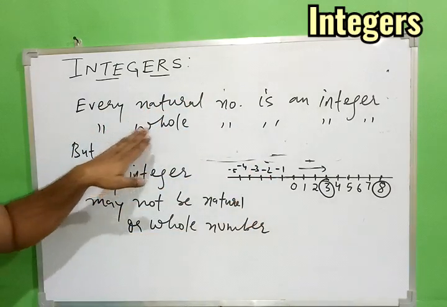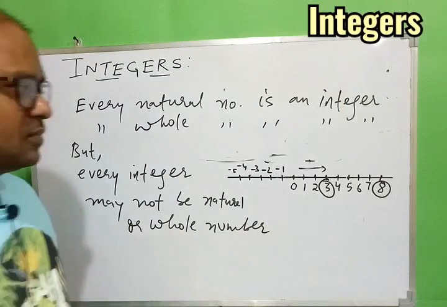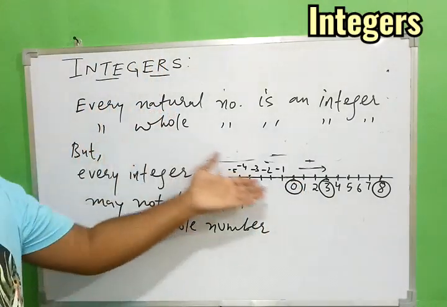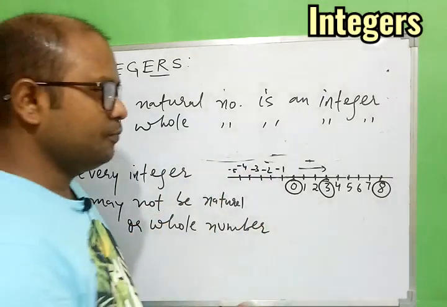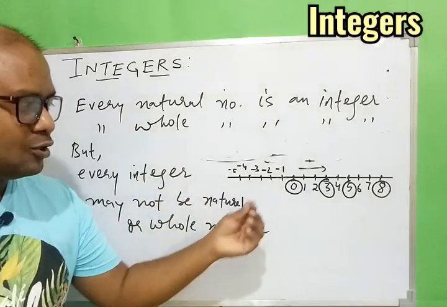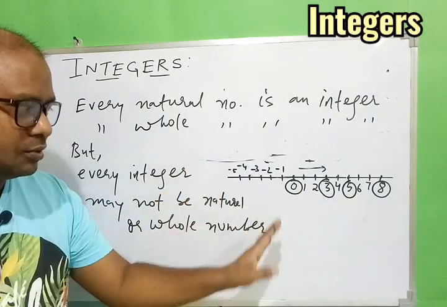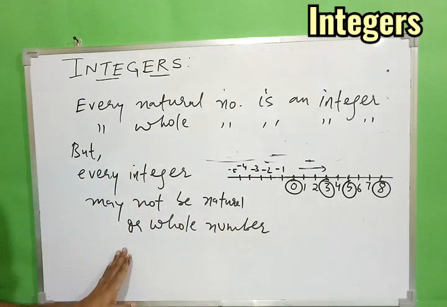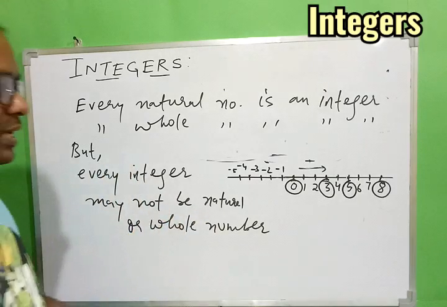Every whole number is also an integer. 0 also is a whole number and it is also in the group of integers, so that's true. 5 is also a whole number and it is also an integer, that's true. So every whole number is an integer, no doubt. But here the statement is every integer may not be a natural number or whole number. Yeah, that's true.